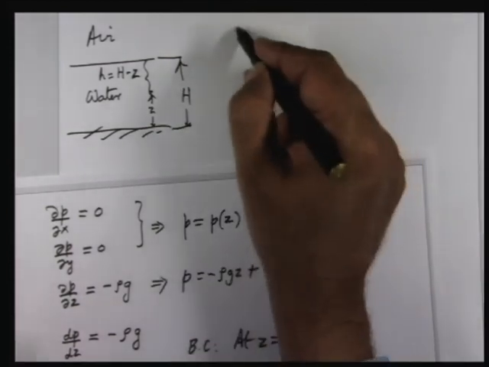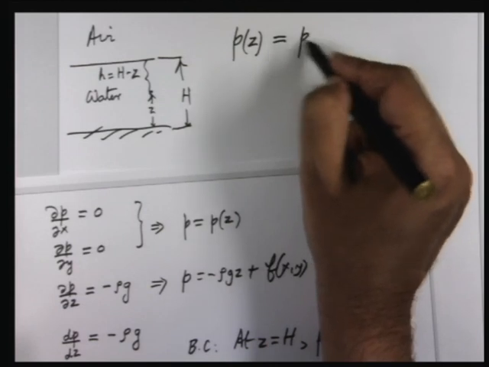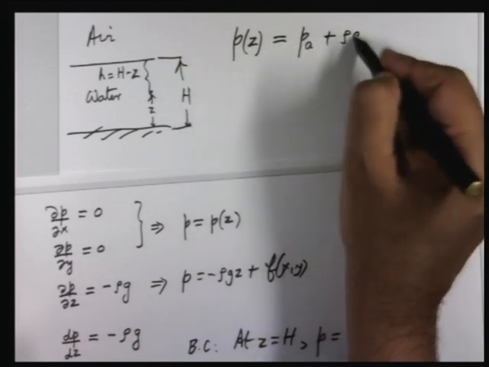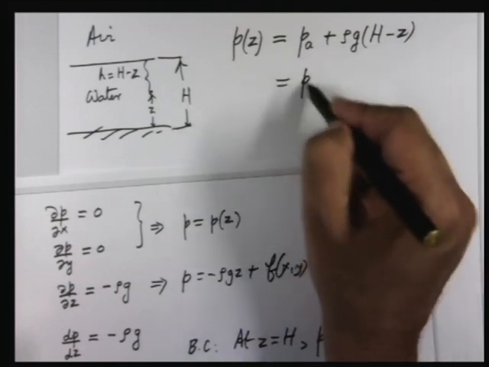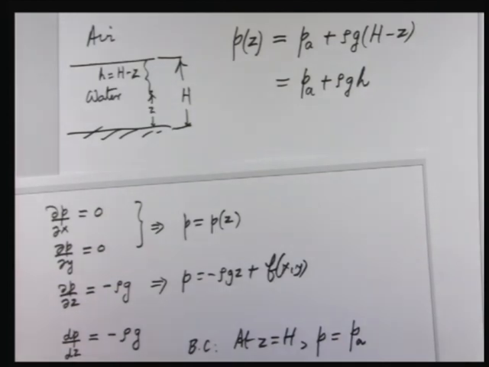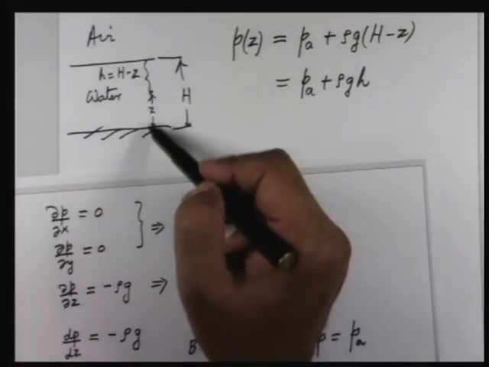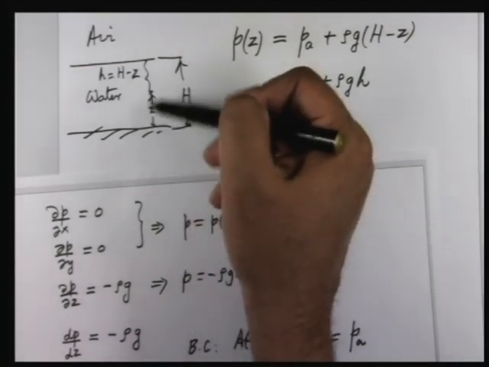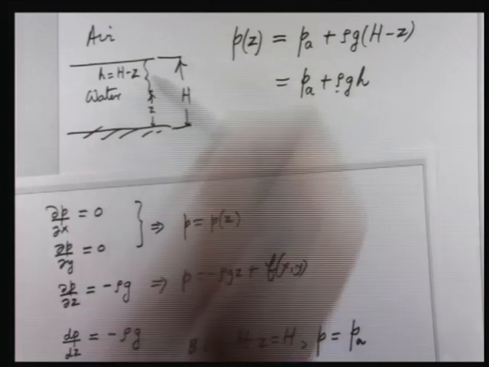So we had P of z is equal to Pa plus rho g into H minus z. So that is Pa plus rho g h. Okay. So you have this standard result that as you move downwards below in the water, the pressure is increasing linearly with this height rho g h.